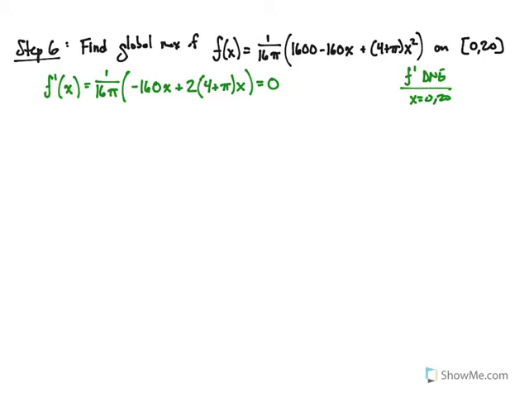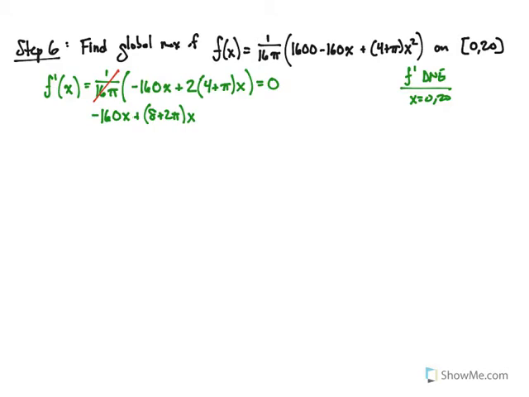All right, when we set this equal to 0, this constant's going to go away, and we're going to be left with negative 160 plus 8 plus 2 pi, x.